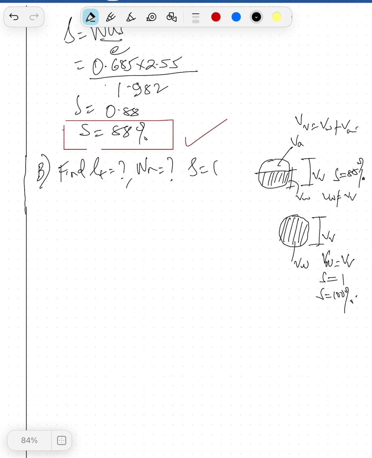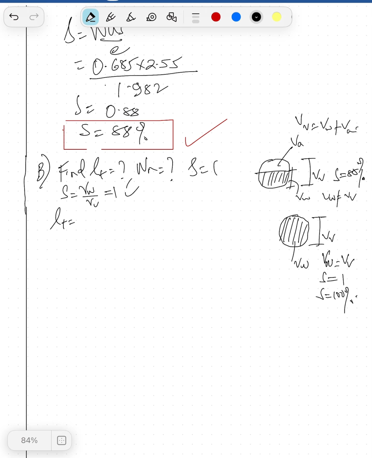So how do we do that? Instead of using the equation, let's start from the first principle. Degree of saturation equals volume of water over volume of void, which equals 1 based on the information given. So we are finding the total density.